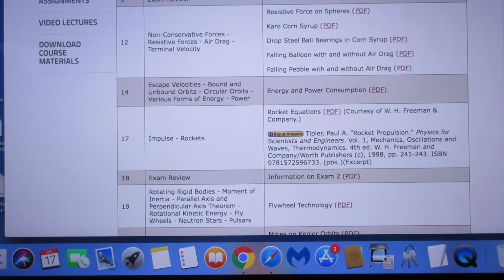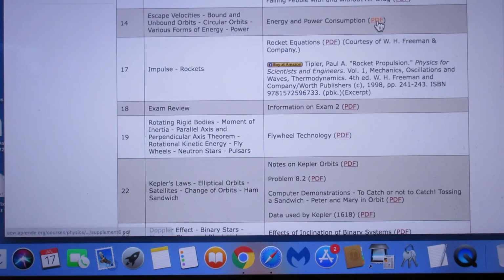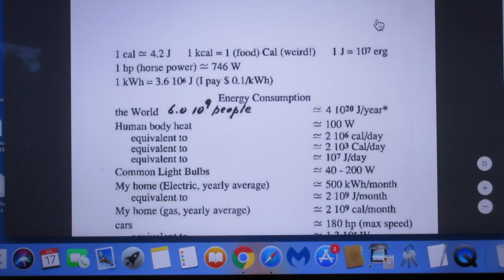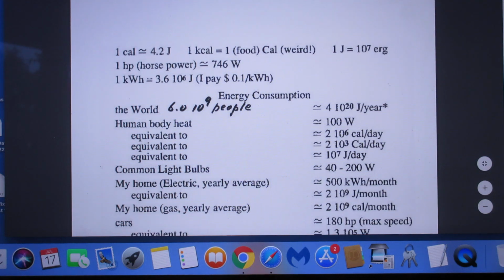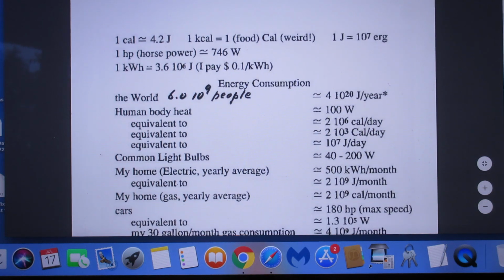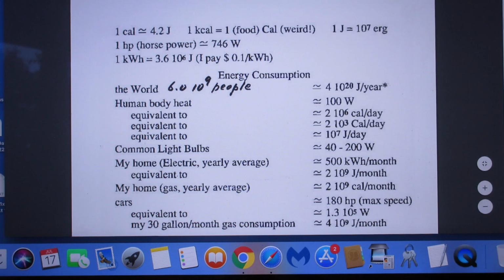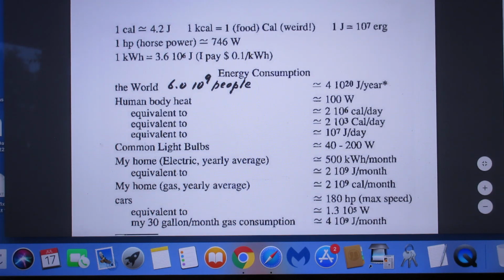Okay, well, escape velocities, let me take a look. No, this is not escape. Is it escape? No, I don't think so. Oh, this has power consumption, energy consumption. Interesting.